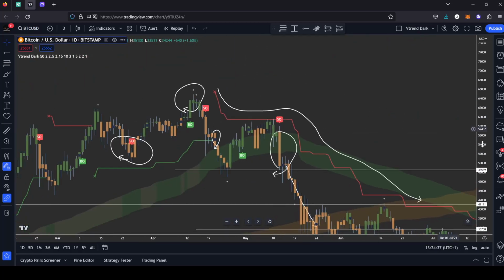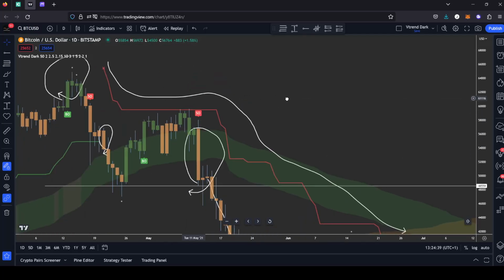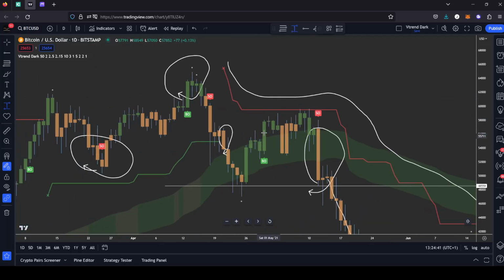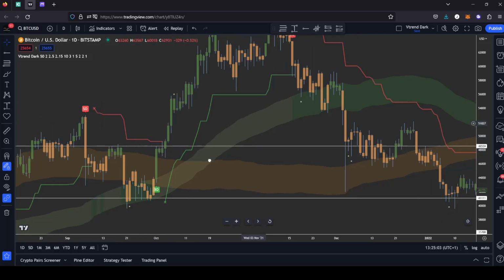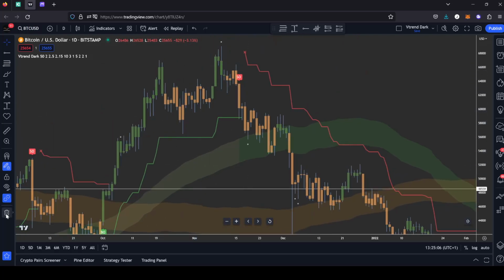So what would I do here, for example? You could probably capture this on a lower time frame. If you're going off bar color candle change, you can have a cheeky long into about here, but it's very risky, and you have to expect that it could just dump down at any moment, to be honest. So that, again, is a way to play these types of signals.